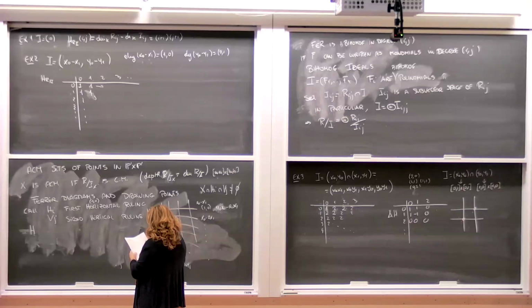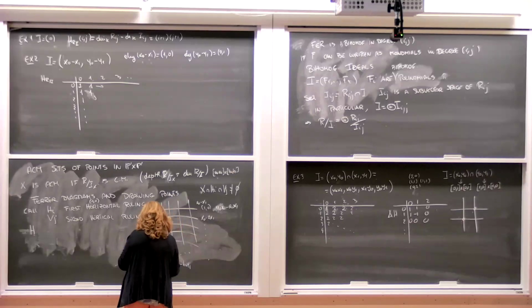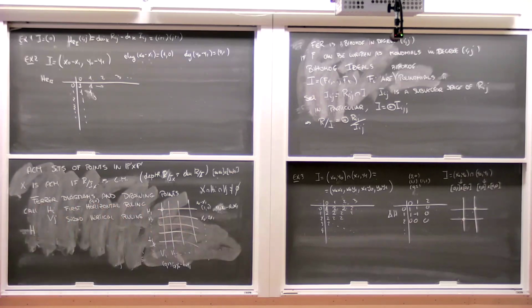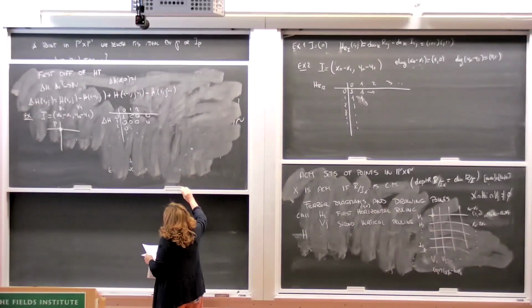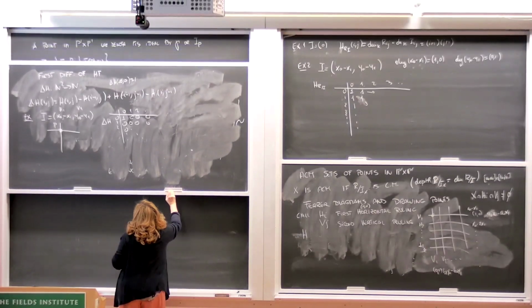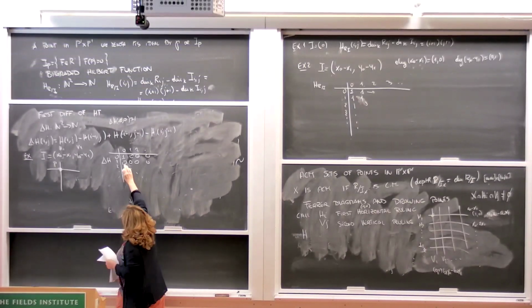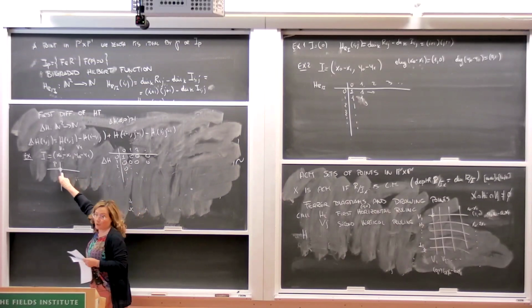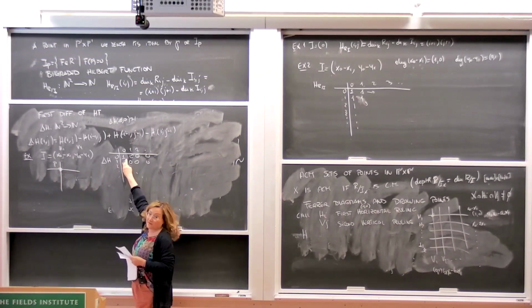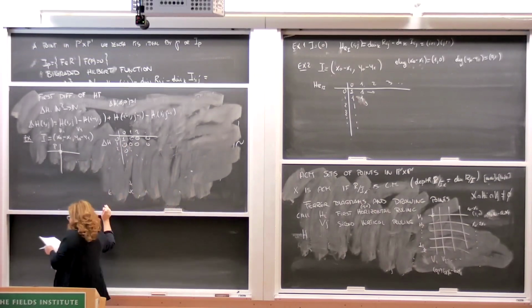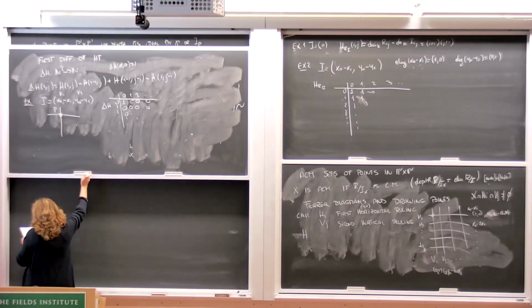I said Ferrers diagram, so how can I easily draw it? I won't have enough time, but just think that this is 1 point, and I have 1 point here, and in the first Hilbert function, I will have 1, okay?